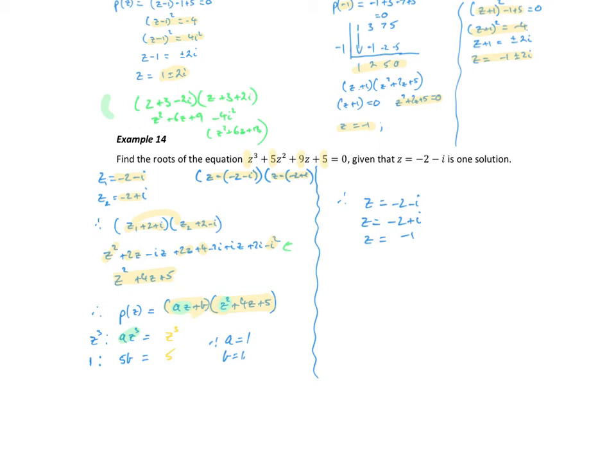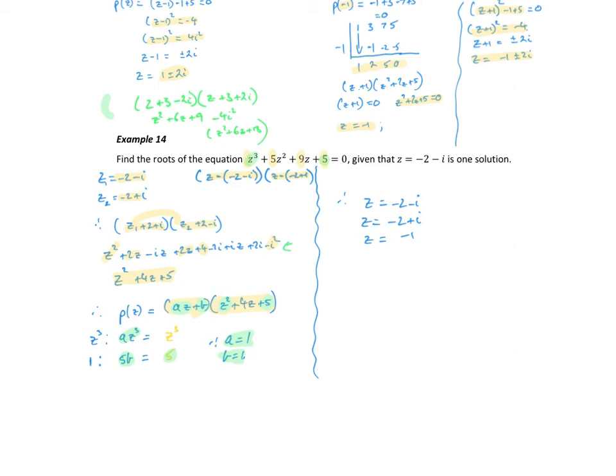That's got to equal the original function, which is just 1z cubed. So az cubed will equal z cubed. Similarly, in the constant, I'll end up with b times 5. That's the only constant expression that I can get. So that 5b has to equal the constant of the original expression, which was also 5. So just from equating really simply, I get a and b equal to 1.